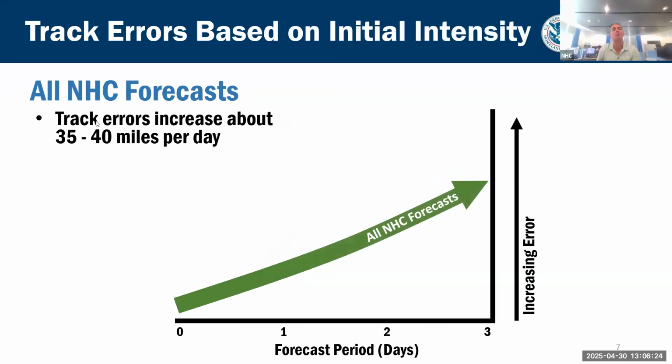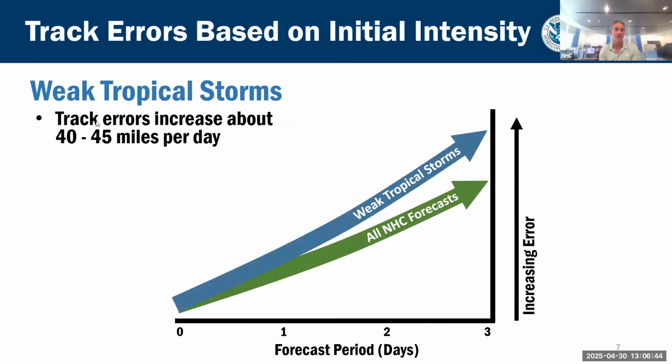But if you want to be a little more savvy, you could do a little better than that, because we know there are characteristics of our track forecast performance. So if you look at the whole sample, all types of systems over the entire Atlantic basin, again, the average error is around 35 to 40 miles per day. But if you only look at, let's say, the weak systems, we're talking about tropical depressions or weak tropical storms, believe it or not, it might be counterintuitive, those are more challenging to predict.